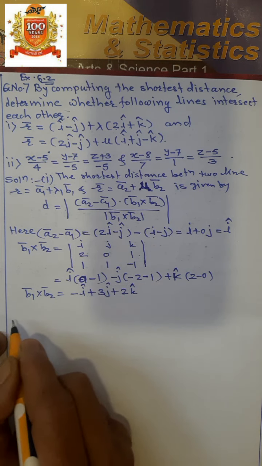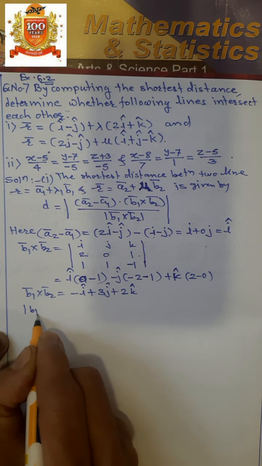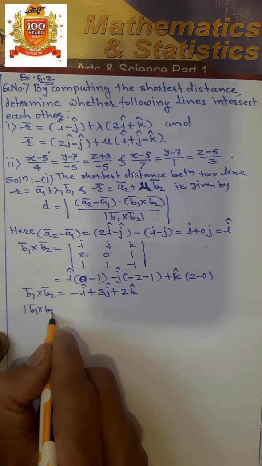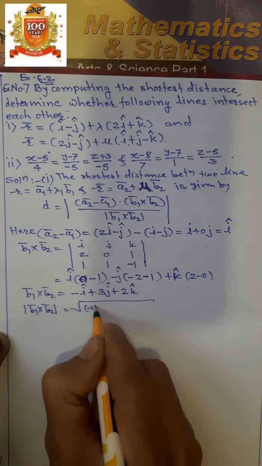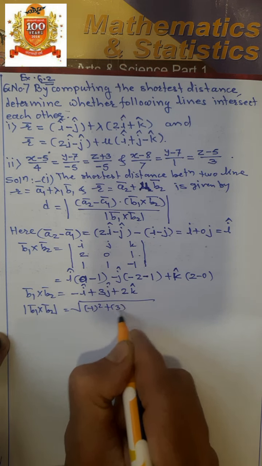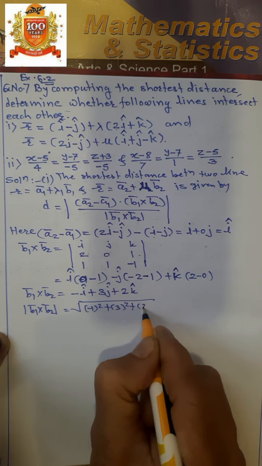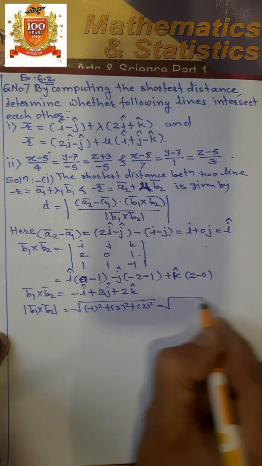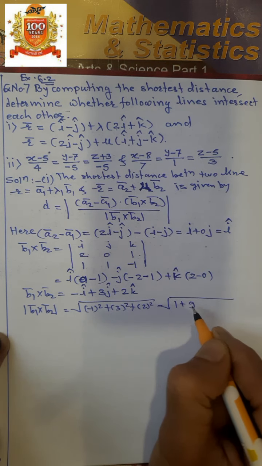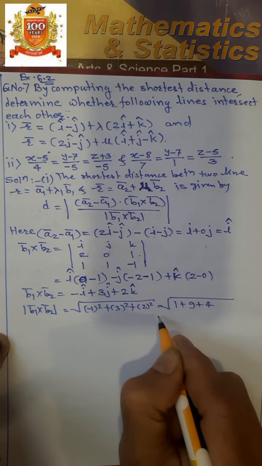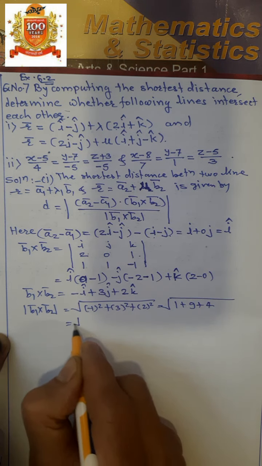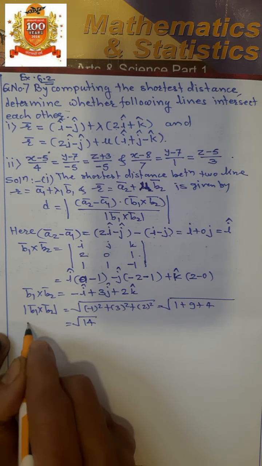Isn't it? Mod of b1 cross b2 is equal to square root of minus 1 square plus 3 square plus 2 square, that is equal to 1 plus 9 plus 4, that is equal to square root of 14.